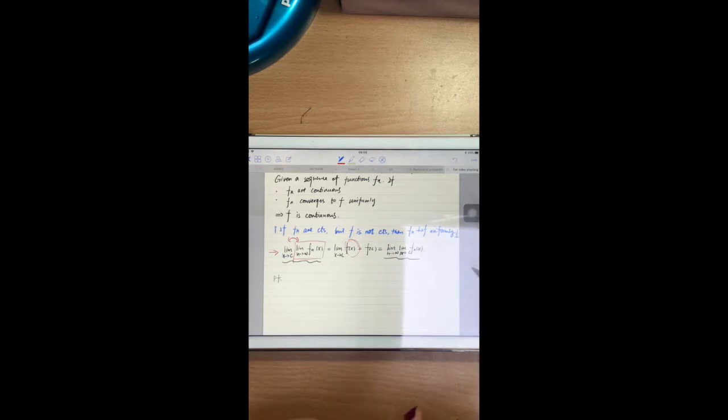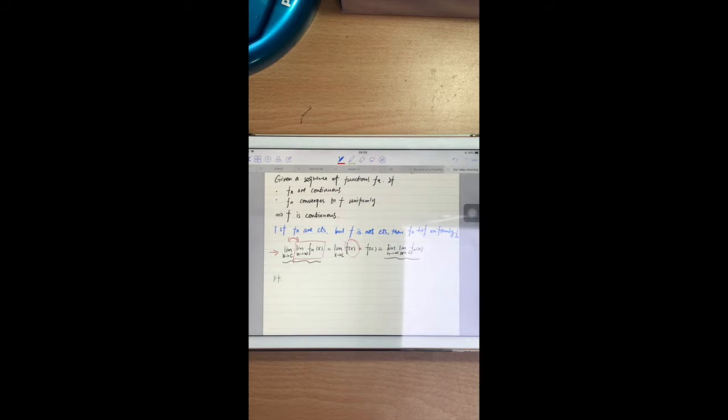When I say interchange the limits, from this example you might not see what happened. But if you are asked for the limit of a sequence of functions at some point, you don't go directly to the sequence of functions.